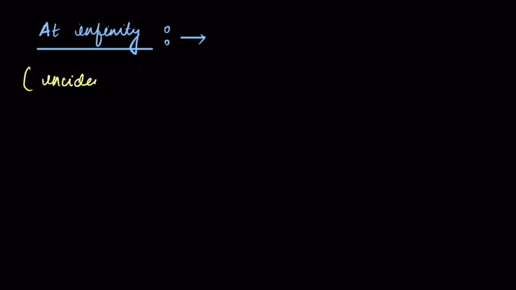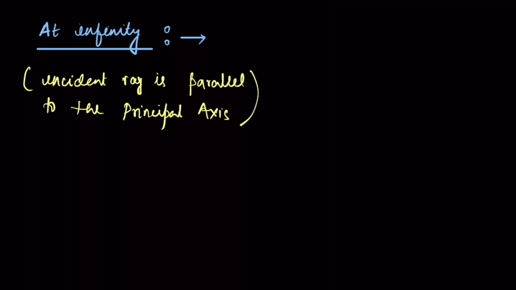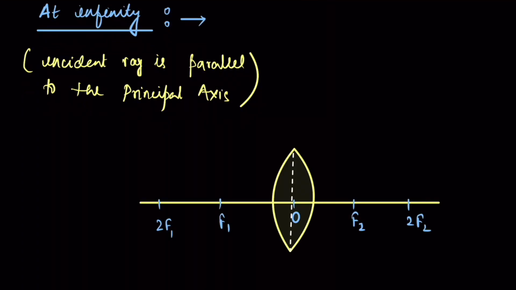is parallel to the principal axis. So here is our convex lens, and if we consider the incident ray which is parallel to the principal axis, we always take two incident rays.